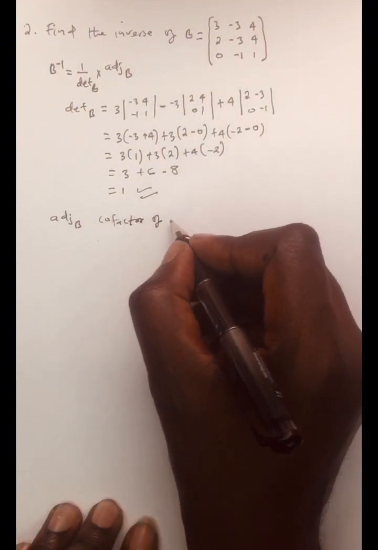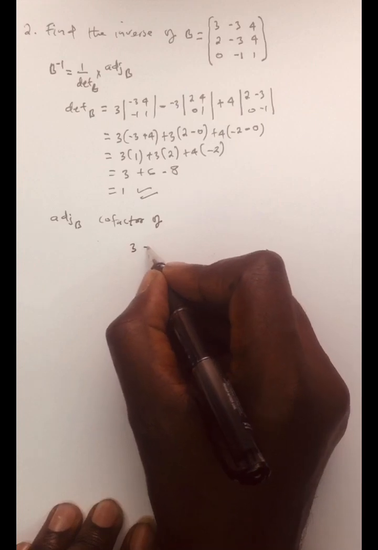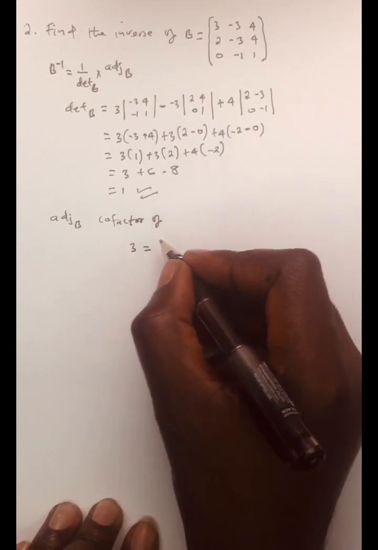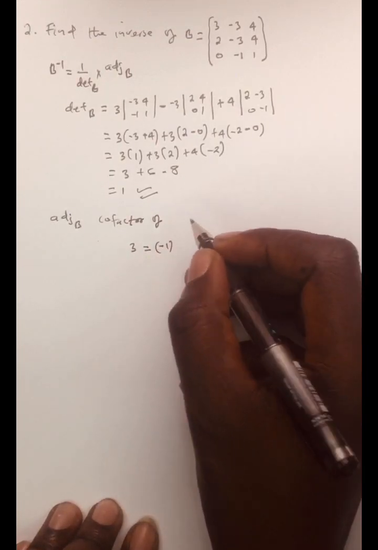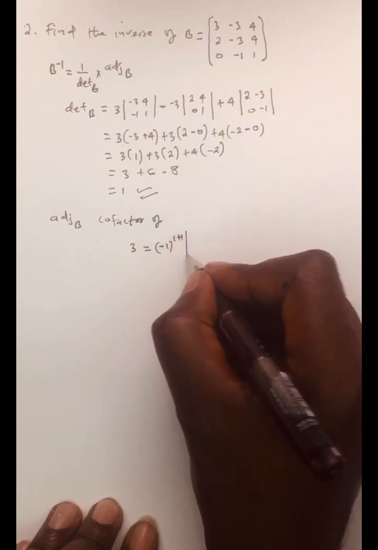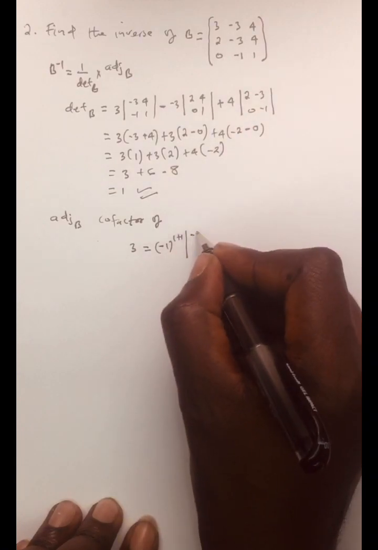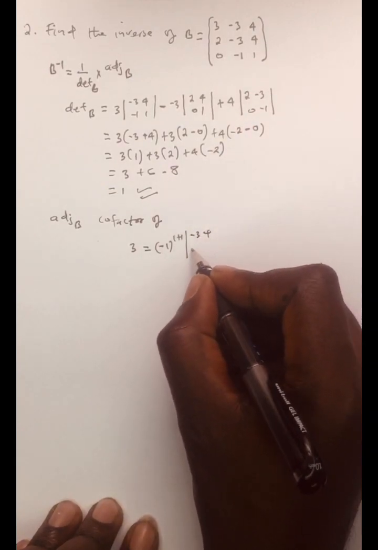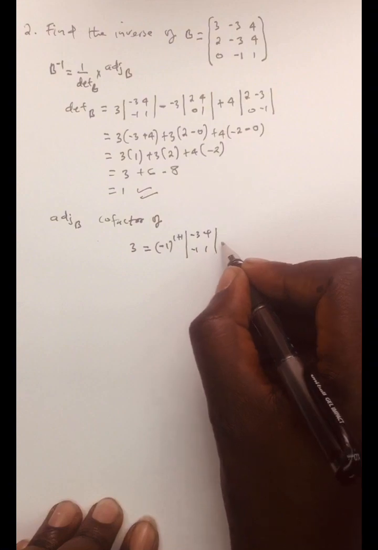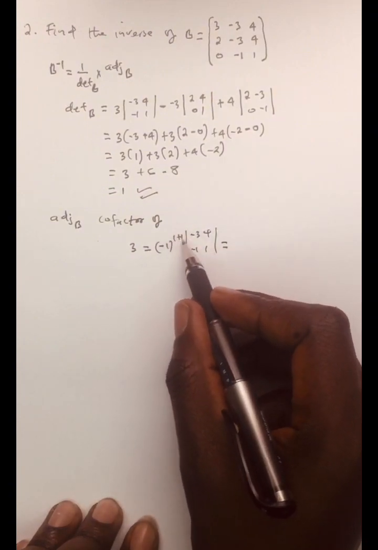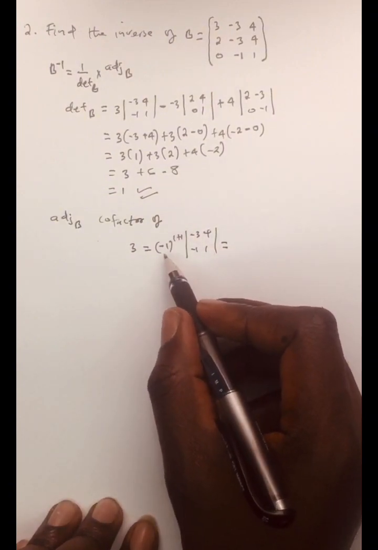So the cofactor of 3 is going to be equal to negative 1, it is in row 1, column 1, and then when you cover its row and its column, you are left with negative 3, 4, negative 1, 1. So let us work that out. Because the power is even, the negative 1 will disappear.